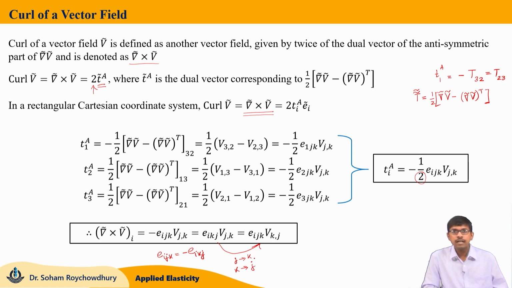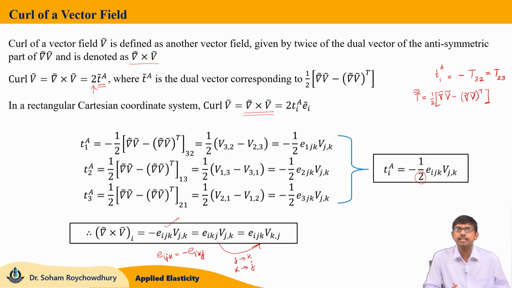Thus, the ith component of curl of V becomes e_ijk v_k,j, and if we want to use the minus sign, then the first definition can be used, which is minus e_ijk v_j,k. So, with this we can define the curl of a vector field, and curl of a vector field is another vector field.